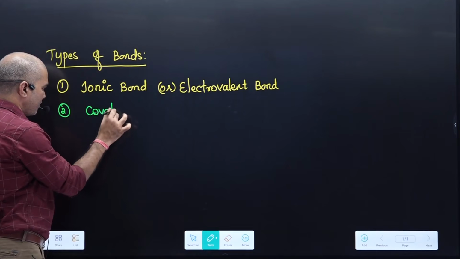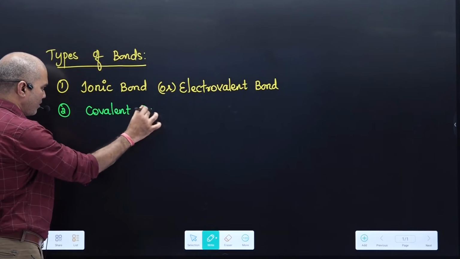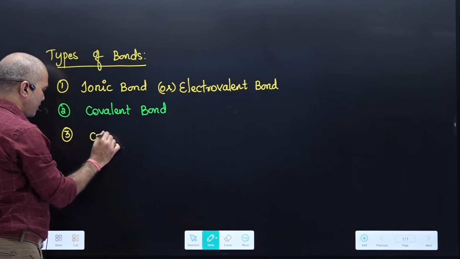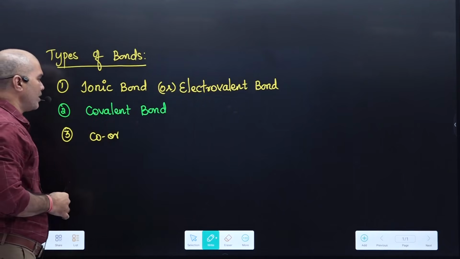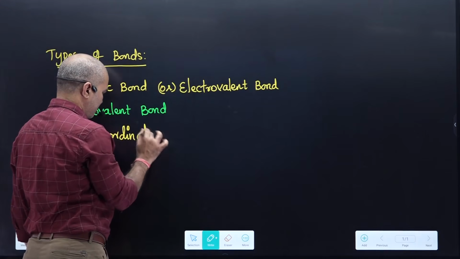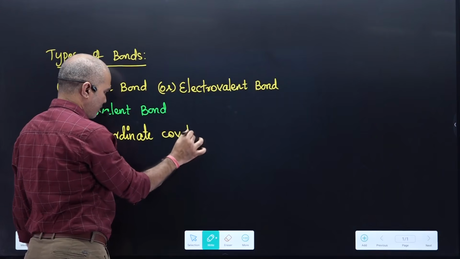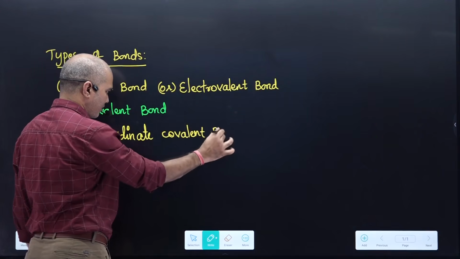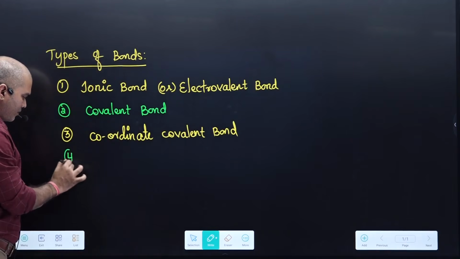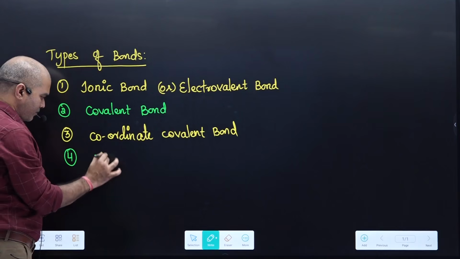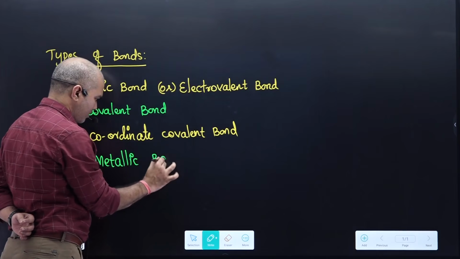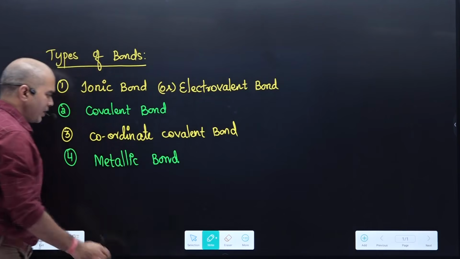Second, covalent bond. Third one, the combination of both: coordinate covalent bond. Any other bond? One more type is metallic bond.